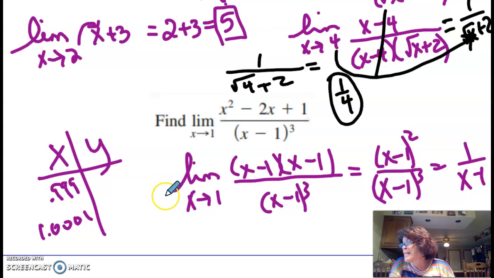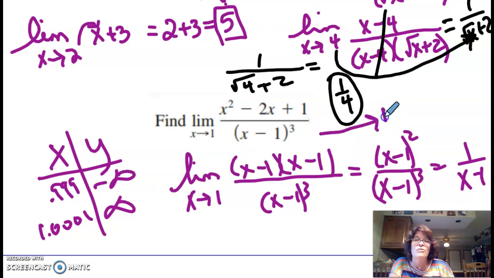What you'll find is that as I approach from the right, 1.001, I get really big numbers close to infinity. And as I approach from the left, I approach negative infinity. Therefore, what we suspected is true. This one does not exist. Okay.